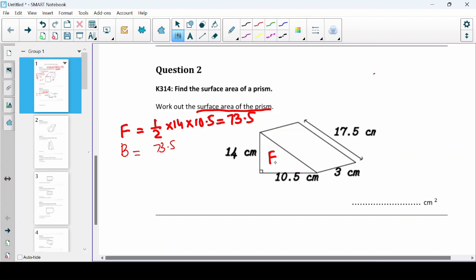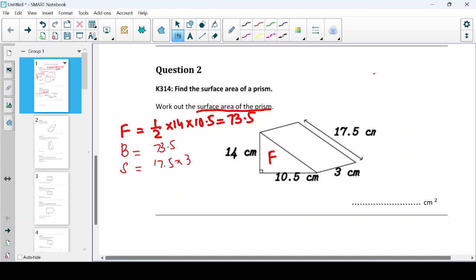Then there's one more side, the slant side, the side which is slanting downwards. So the slant is 17.5 times 3.